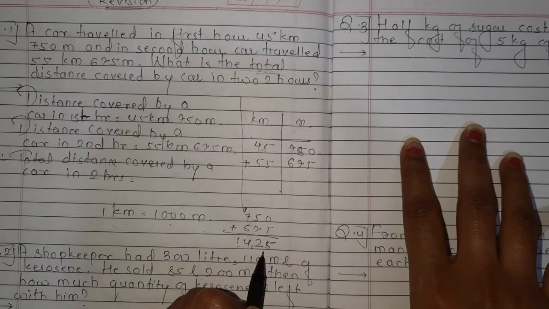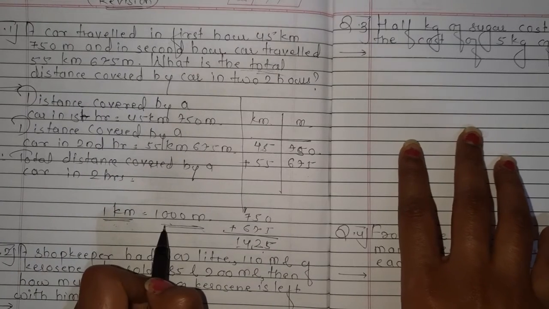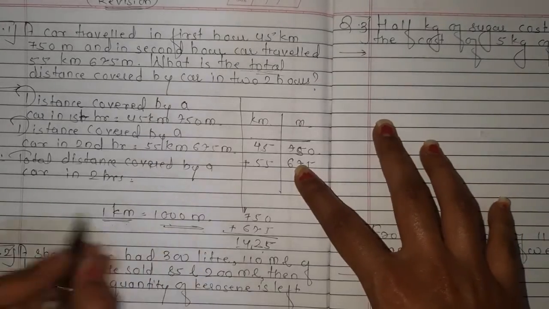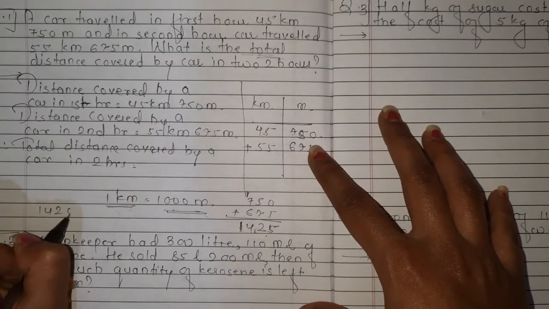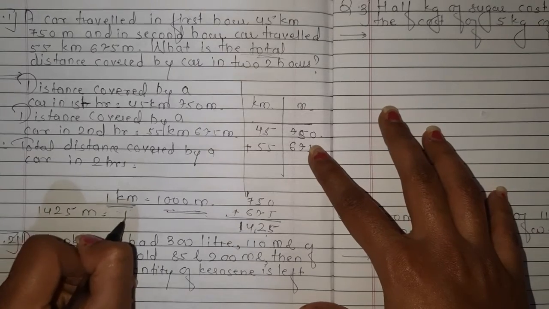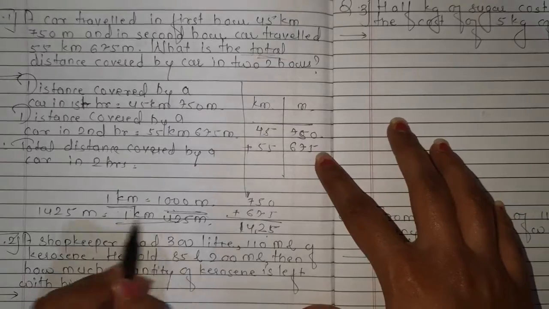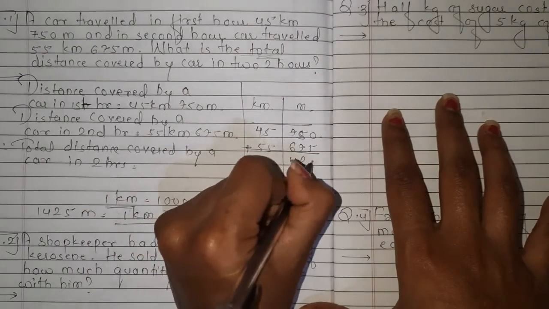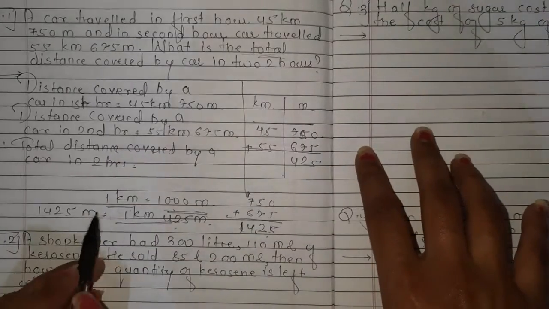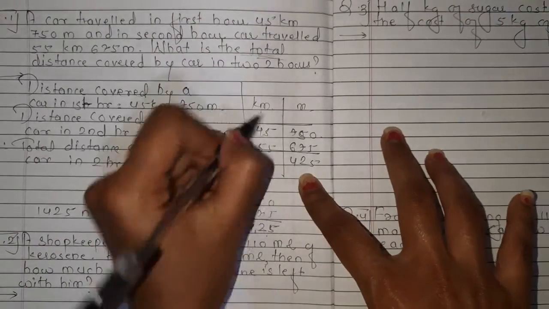1425 meters. But we know that 1 kilometer is equal to 1000 meters. So 1425 meters means 1 kilometer and 425 meters. So you will write 425 here under the meters column, and you will take this 1 kilometer under the kilometers column.